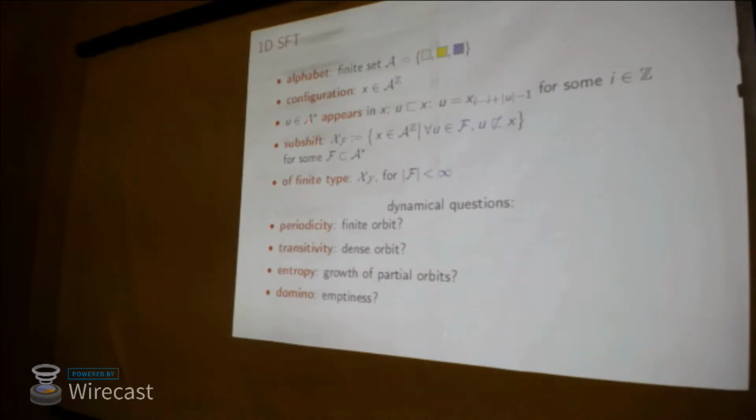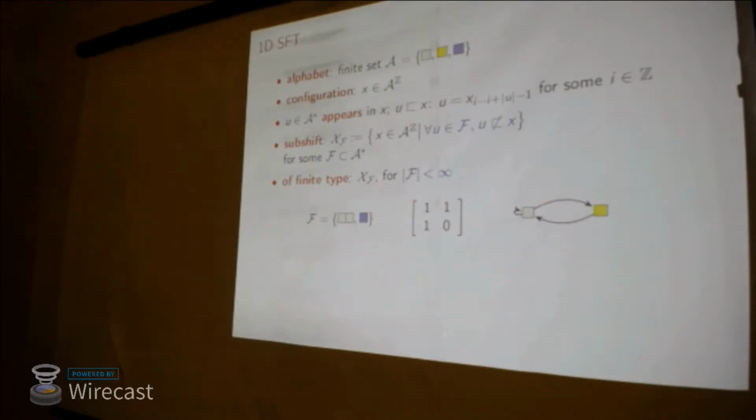In this particular case of one-dimensional subshift, periodicity and emptiness are more or less the same question, yes. You can see it because in a finite graph, if you have at least one bi-infinite path, then you have one cycle. That's what you want.